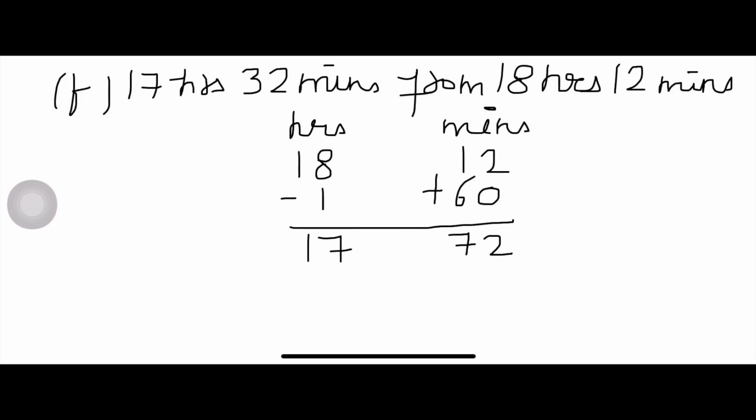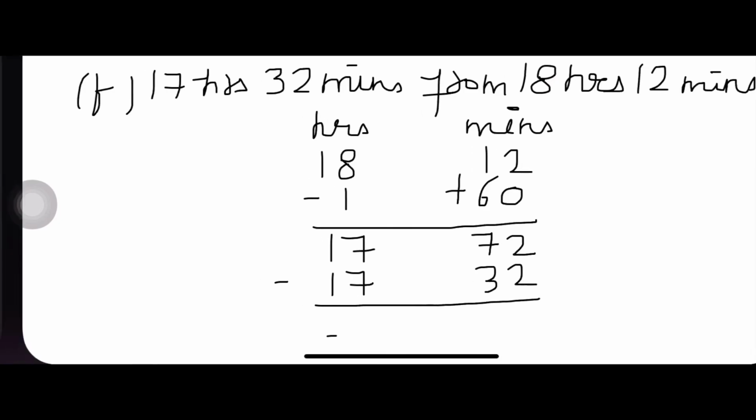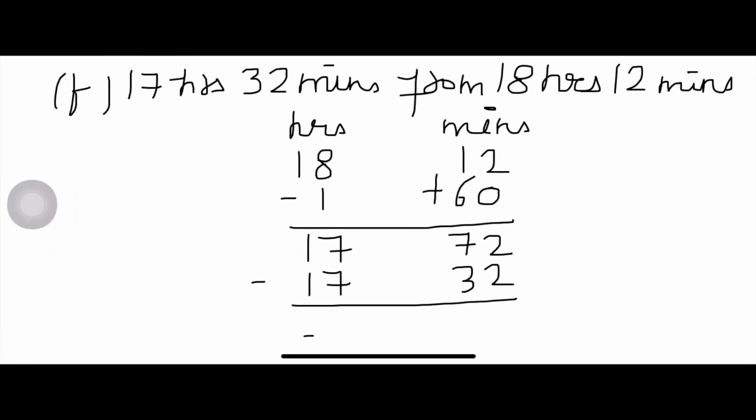Now we will subtract 17 hours and 32 minutes. So the answer is 2 minus 2 0, 7 minus 3 is 4 and 17 minus 17 is 0. So here answer is only 40 minutes.